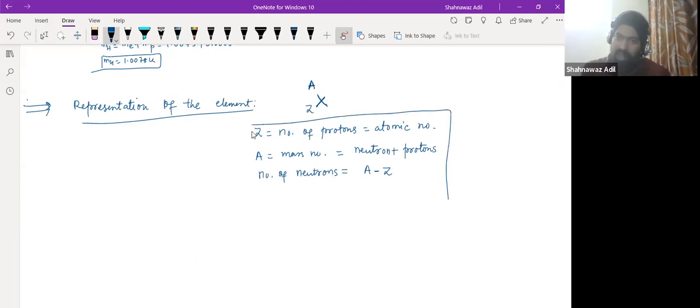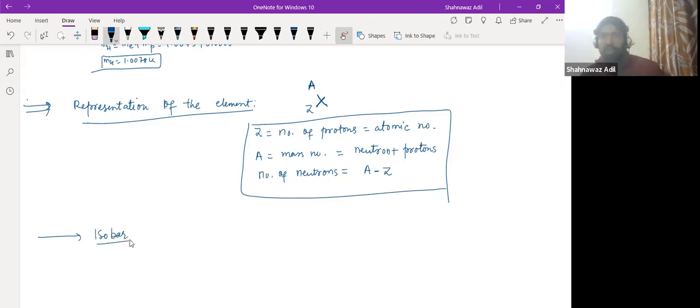Then we have three kinds of properties: isobars, isotopes, and isotones.